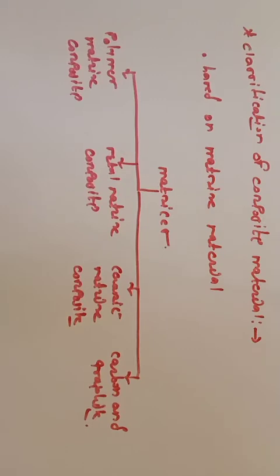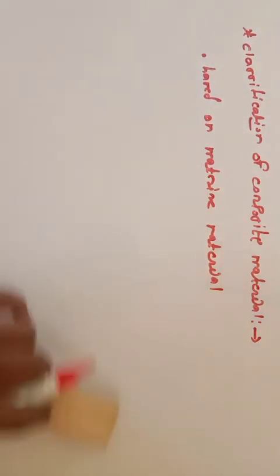When ceramics are used, such as glass and Al2O3, they are called ceramic matrix composites. And the last one is carbon and graphite. So let us discuss one by one some important points regarding polymer matrix, metal matrix, ceramic, and carbon and graphite.